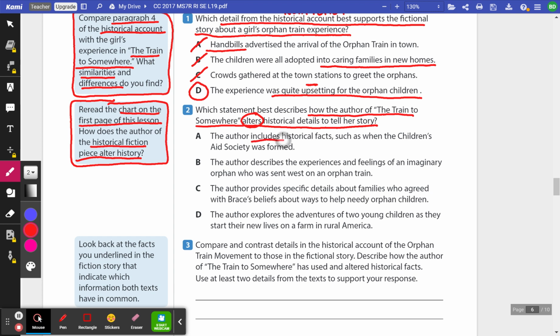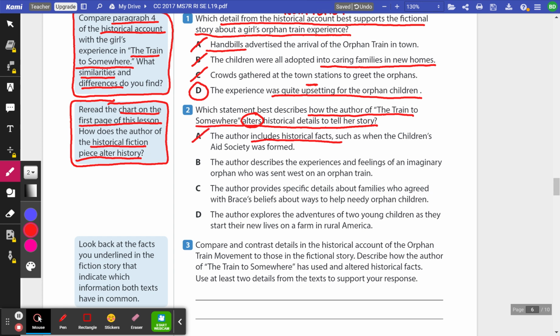So, if you go back and look at the passage, you know the author does include historical facts. And yes, they do mention the Children's Aid Society, but they don't let us know when it was formed. It never mentions that specific date. So we can eliminate answer choice A because that's not mentioned in the historical fiction passage.